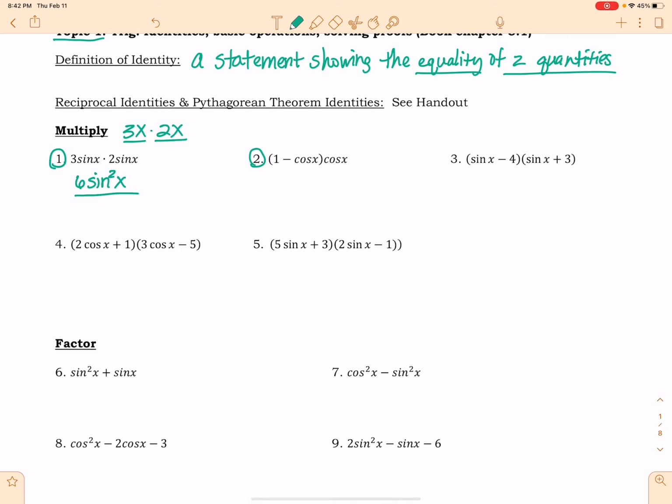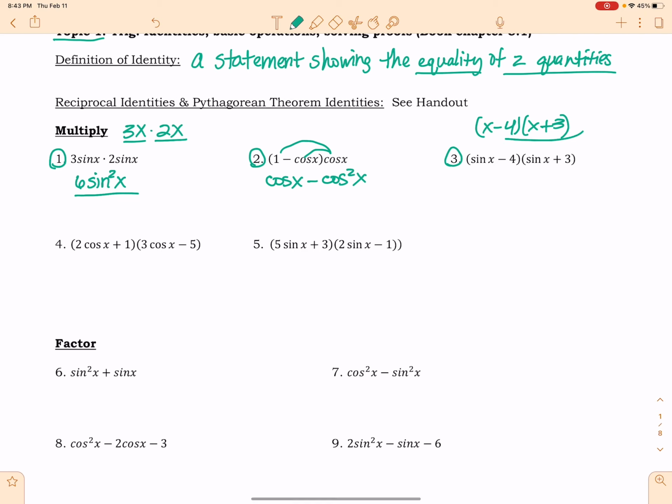When we look at number 2, we have to distribute this cosine x, so 1 times cosine x is cosine x. Cosine x times cosine x, cosine squared x. Number 3, we're going to treat this just like we would if it was two binomials multiplied together without sine in them. So we're going to FOIL this.